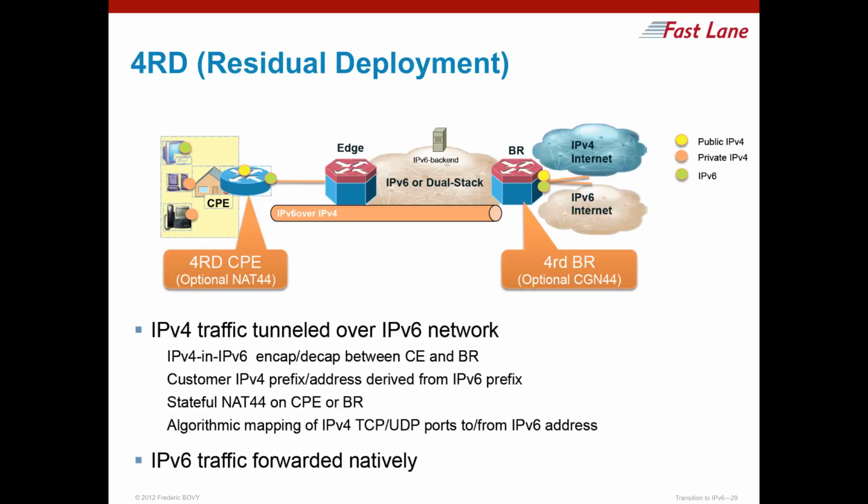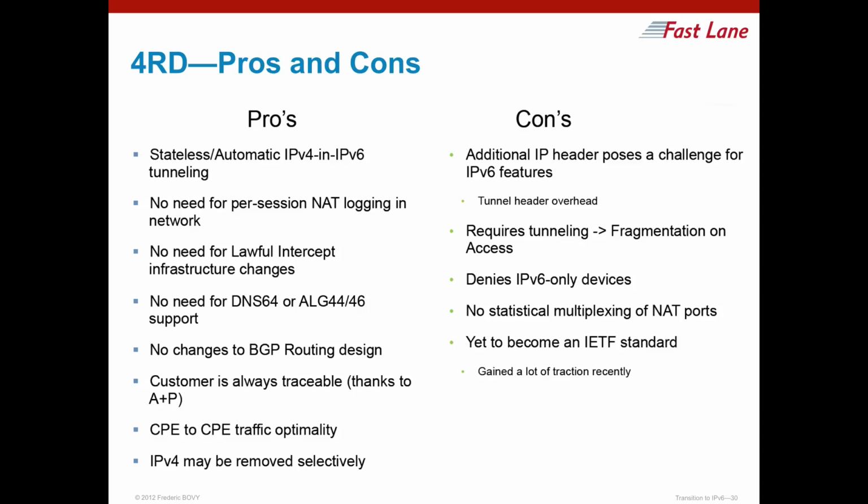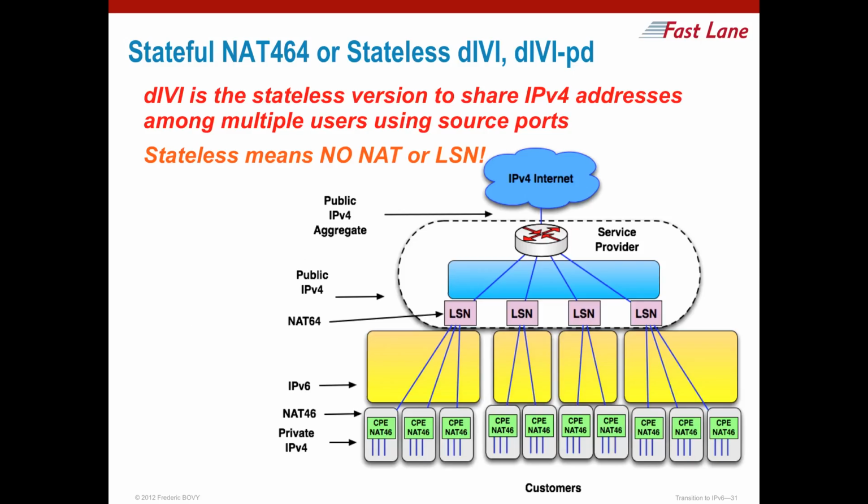So that's also a solution which is an alternate solution to DS-Lite, and which can be a good solution. You'll find a little bit of pros and cons for 4RD compared to other solutions.